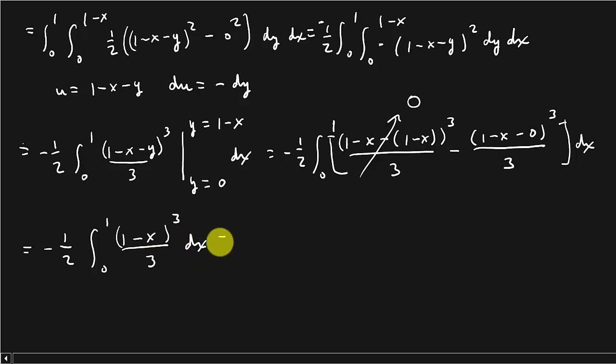And I'm going to go ahead and write this one more time, and I'm going to put this as negative 1/6, 0 to 1, 1 minus x cubed dx.